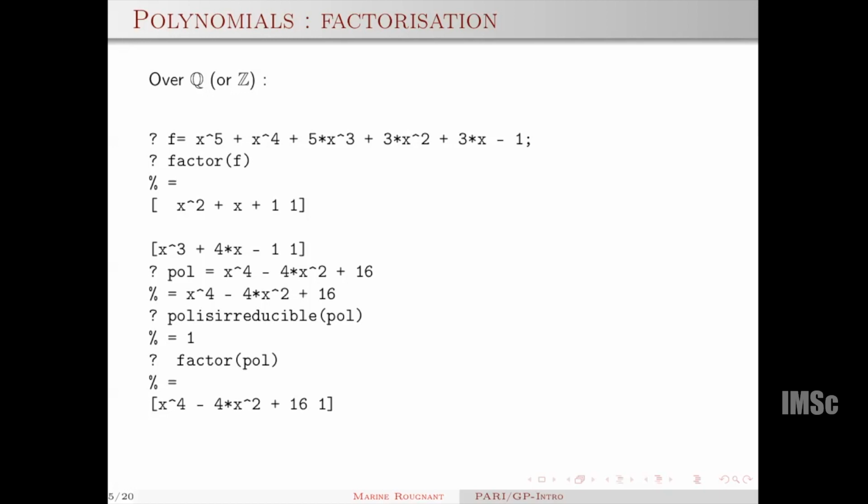So here, this polynomial is a product of two terms of degree 2 and 3. When you ask for factor, you have one line per factor, and each time you get the polynomial and the exponent.